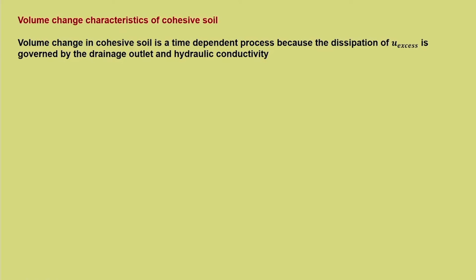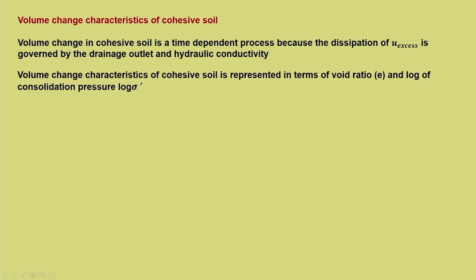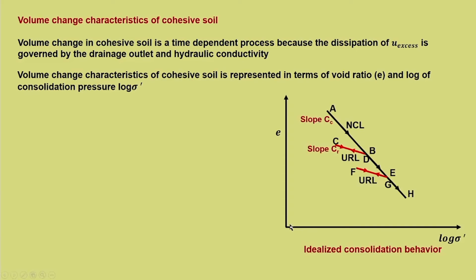Let us see. Volume change in cohesive soil is a time dependent process because dissipation of U excess is governed by drainage outlet and hydraulic conductivity. Volume change characteristics of cohesive soil are represented in terms of void ratio and log of consolidation pressure, which is the net result of a consolidation test. So, this is what it is.